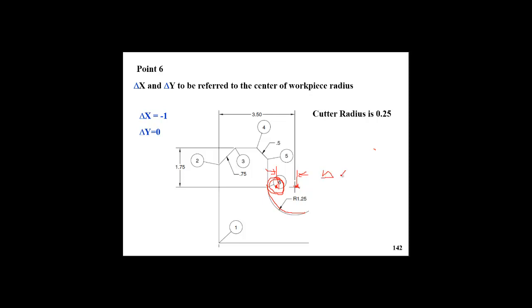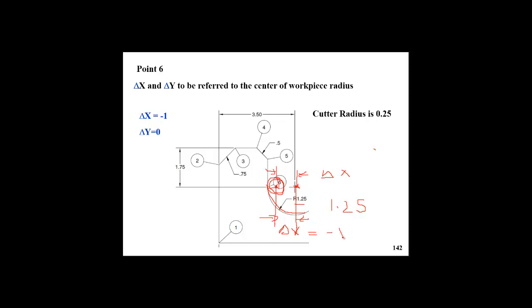Okay, so if the radius is 1.25, as we see here, this is the curvature of the workpiece, 1.25, and the cutter radius is 0.25, so in that case delta x will be this amount. What is the value of this amount? In that case dx will be again minus 1.